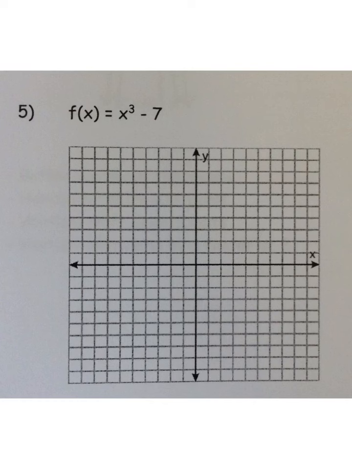Alrighty, so for number 5, I'm going down 7. That's why I've got this point right here. And then just be careful. Remember from there, I told you to go up 1 to the right 1, and then go down 1 to the left 1, like that.